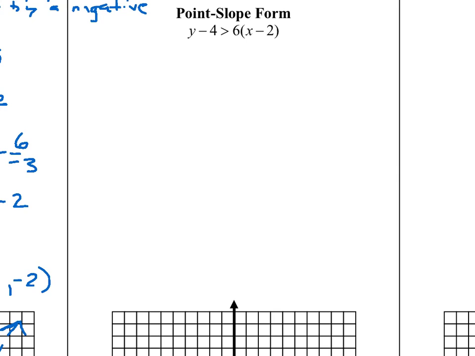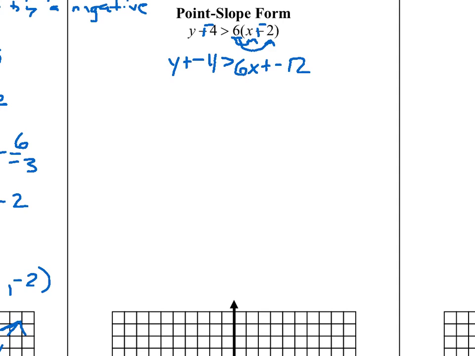Monica, first thing we need to do. Distribute the 6. We'll do a leave chain switch before that. Y plus -4 is greater than 6x plus -12.